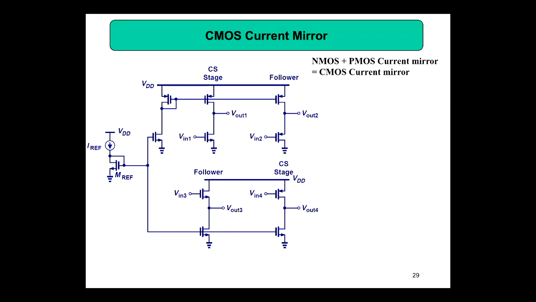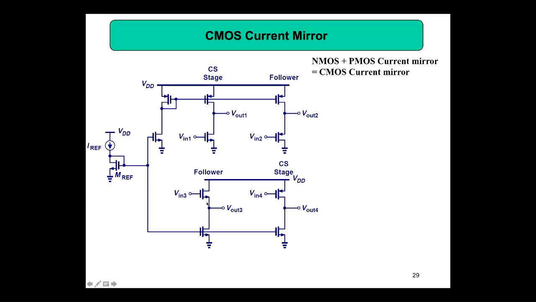So in the CMOS circuit, as an example, you have got 4 amplifiers. In the 4 amplifiers, one is a common source stage amplifier. Here you are replacing this load. Another follower is based on a PMOS. Here, because it's MOS, it's a PMOS, and you are replacing a current source with a PMOS circuit.